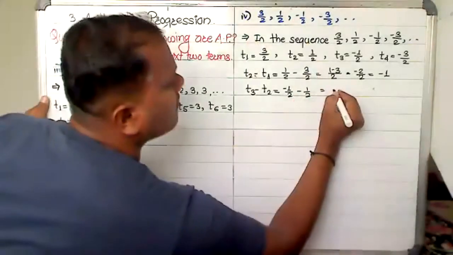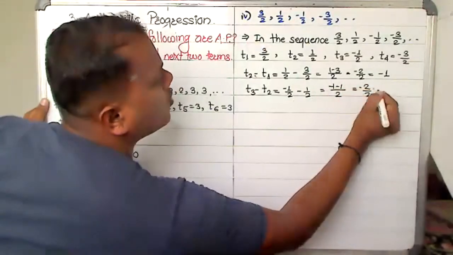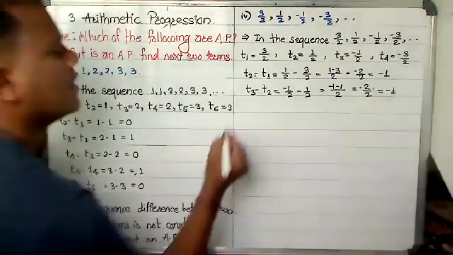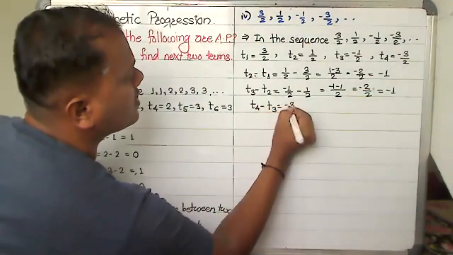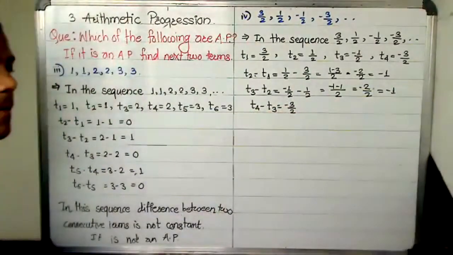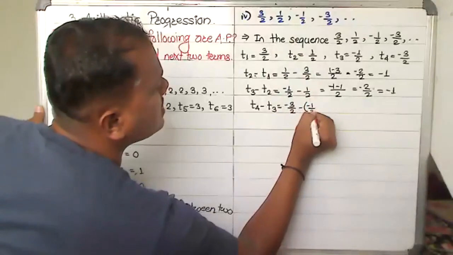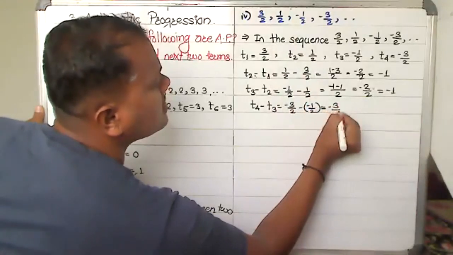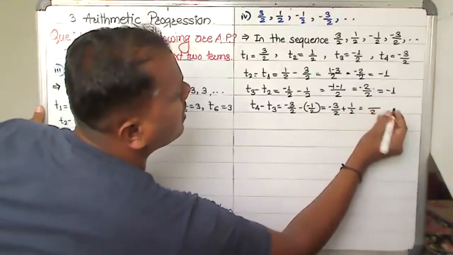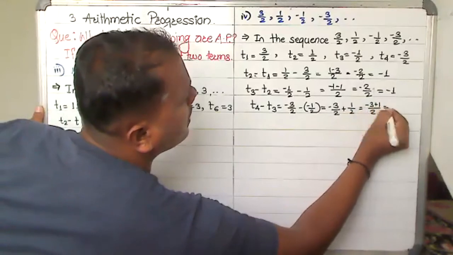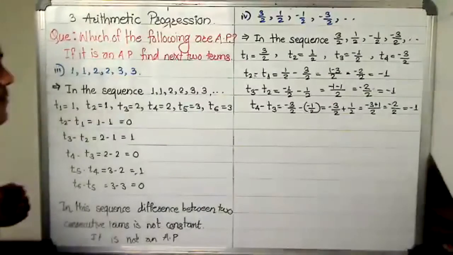Again the denominator is the same, minus 1 minus 1 is minus 2 by 2, which is minus 1. And T4 minus T3 is minus 3 by 2 minus minus 1 by 2. So again the denominator is the same, minus 3 plus 1, minus 2 by 2, which is equal to minus 1.